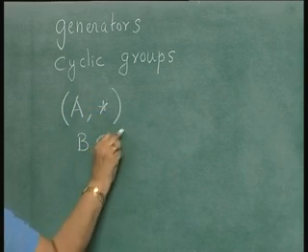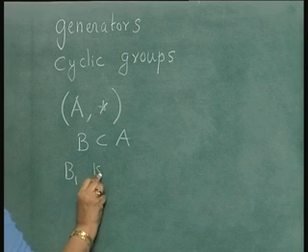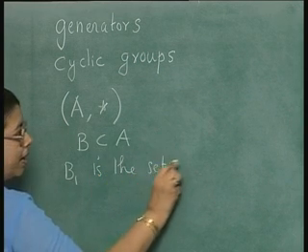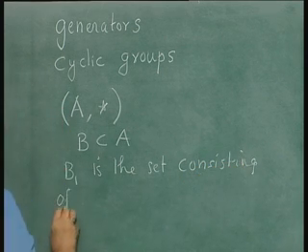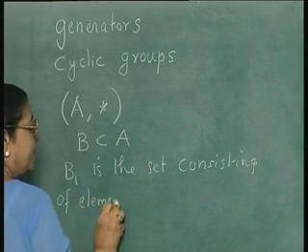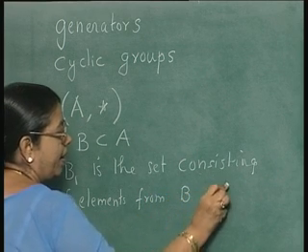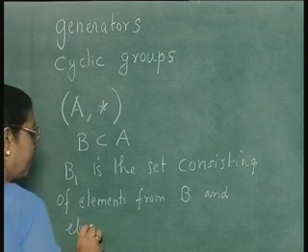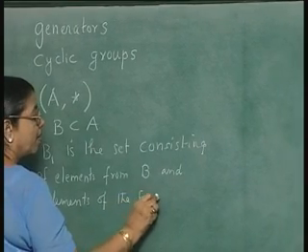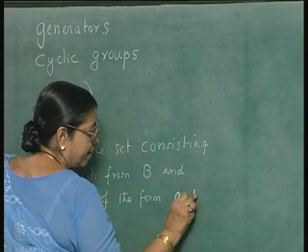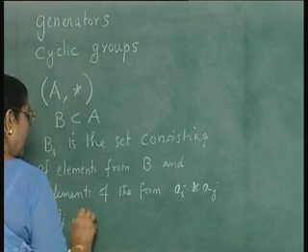Consider a subset B of A. Let B1 be the set consisting of elements from B and elements of the form AI star AJ, where AI, AJ belong to B.